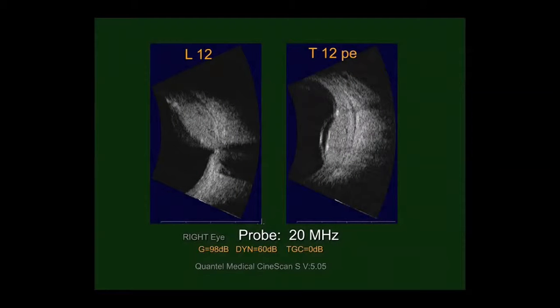When you have B-scan, as I show you here, with the CineScan S unit obtained with 20 megahertz of hemangioma, the B-scan shows clearly the tumor with retinal detachment, but not the type of tumor that is present. For this, we need standardized A-scan.